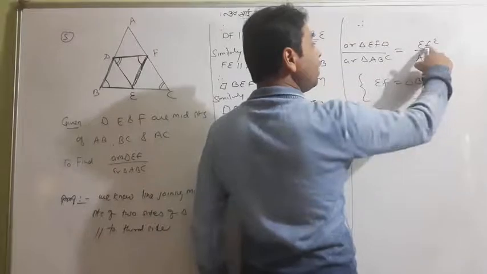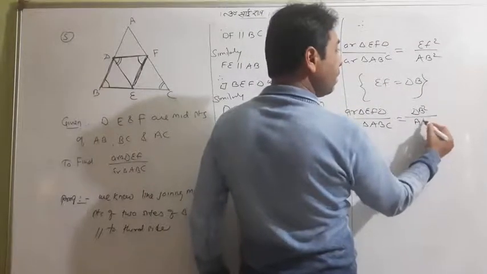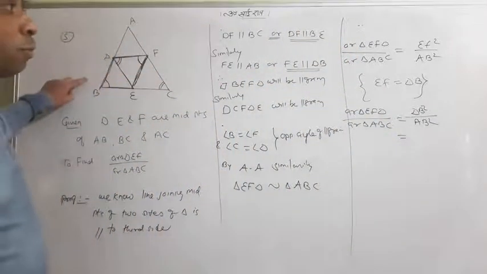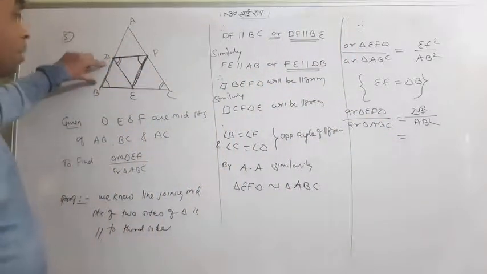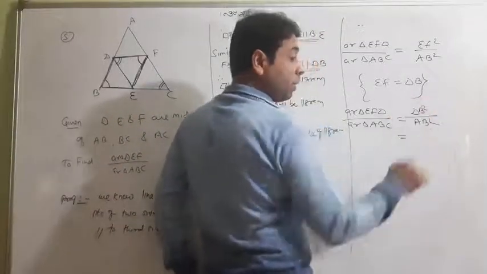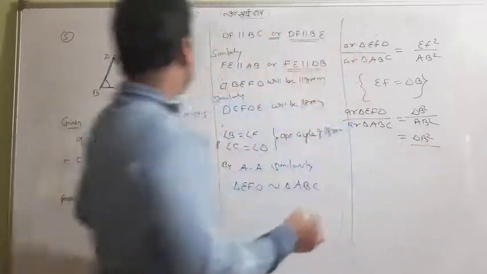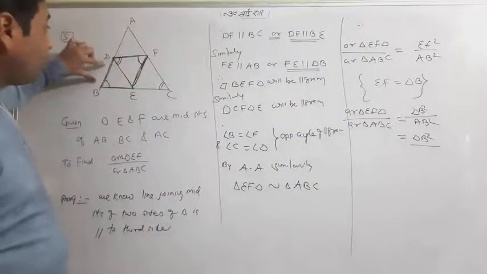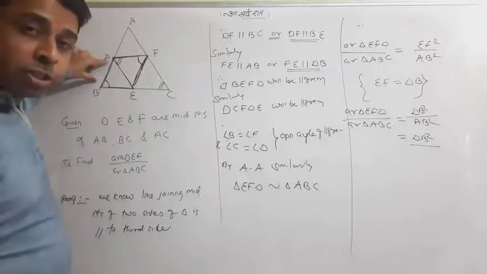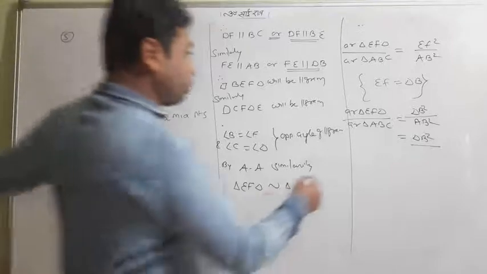Instead of EF, I will write DB square upon AB square. Again I speak something. It was AB, and it is DB. DB and AB both cannot cancel, but one thing which is looking very simple, that this is DB, AB is this one, which is double of BD, because D is a midpoint. So instead of AB I can write twice DB.